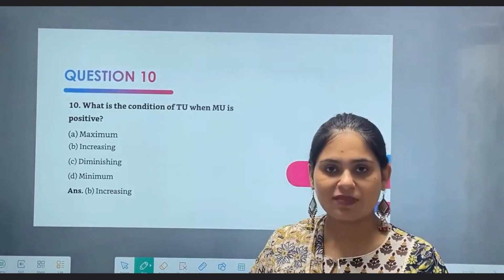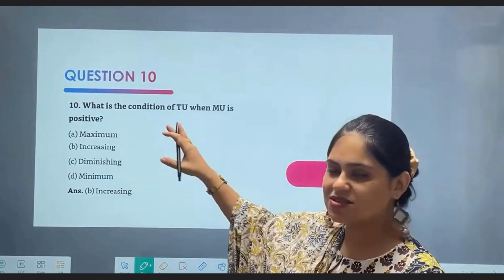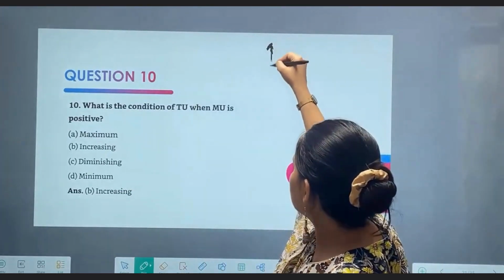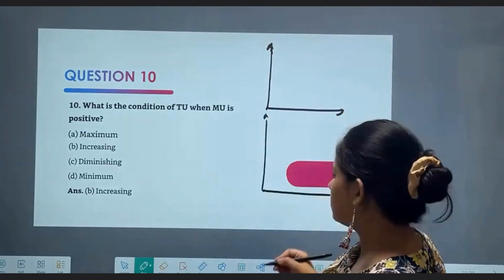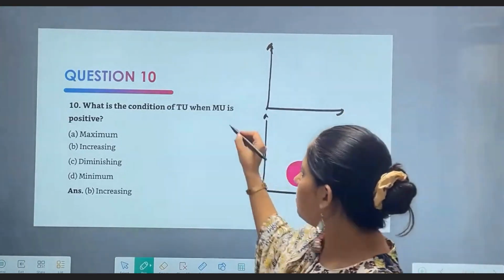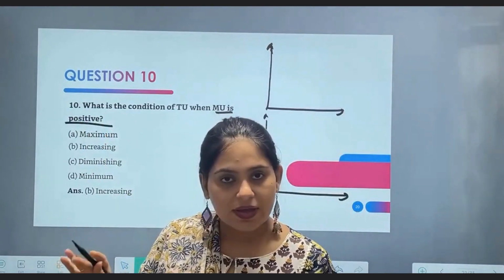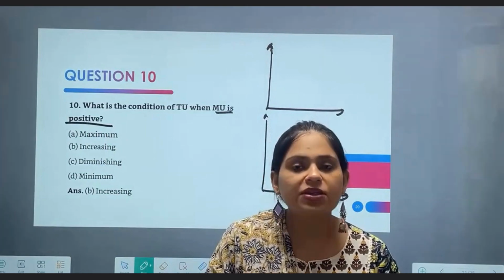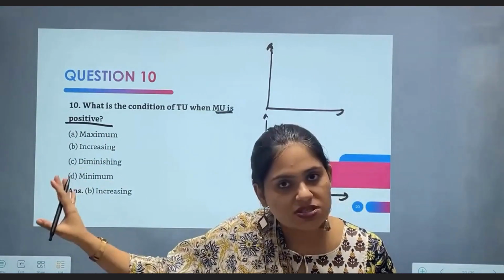Now, see, this question can actually have two answers, right? If you say marginal utility is positive, it means marginal utility should be in the first quadrant. This doesn't mean it cannot diminish, right? It is just saying it is positive.